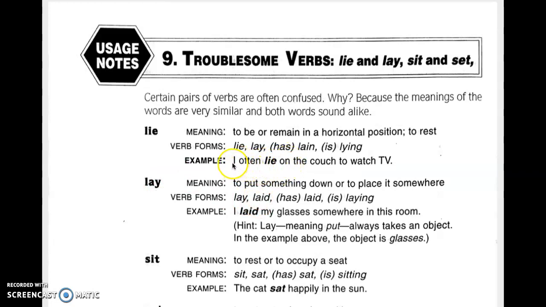I often lie on the couch to watch TV. You're not lying something on the couch. The subject itself is what is lying. Here, the subject is laying something else on a surface.